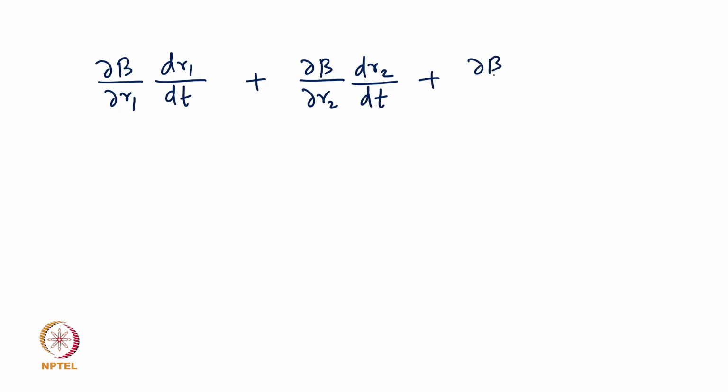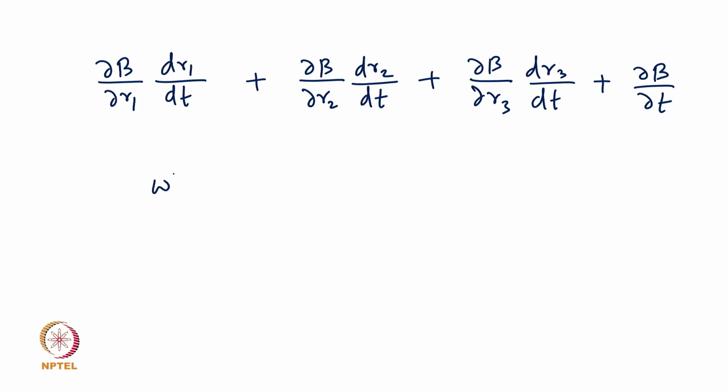So there'll be del b del r1 dr1 by dt. So r1, r2 and r3 are the components of the r vector, and when I say del, I'm referring to the partial derivatives here, and I'm used to calling the ordinary derivatives as d dt. So this is del b del r3 dr3 by dt plus del b del t. Okay, so this is the expansion.